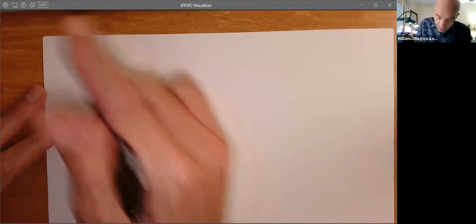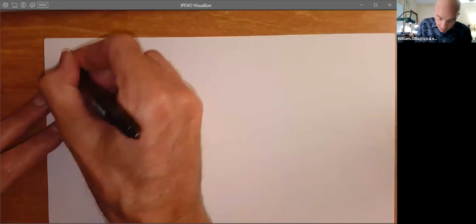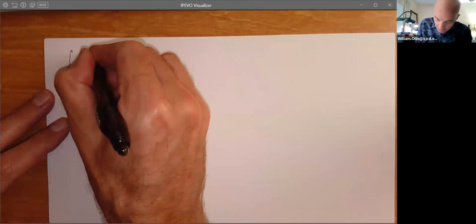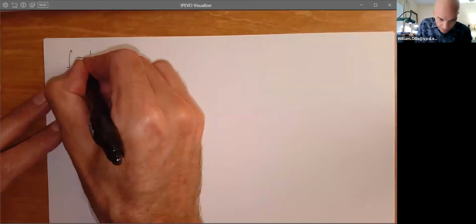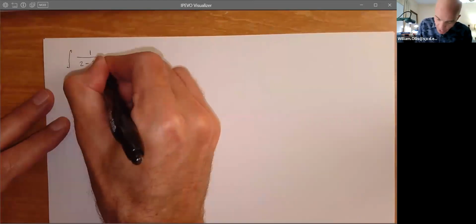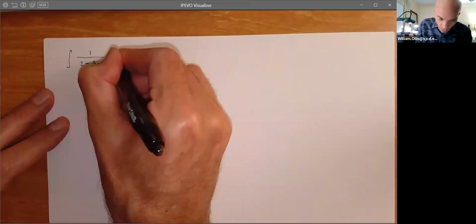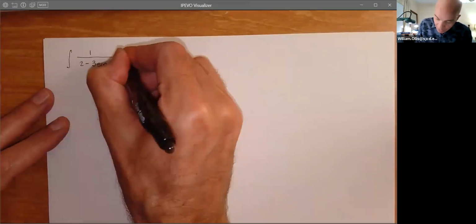So we have the integral of 1 over 2 minus 3 sine theta. It's always good to show you something you're actually going to need it for, as opposed to just doing it blindly.